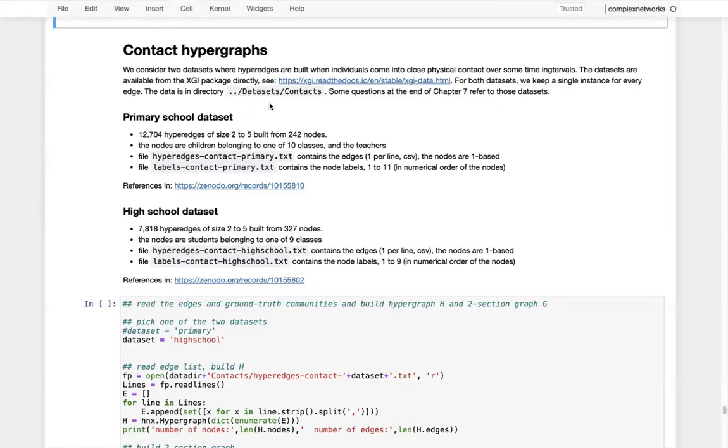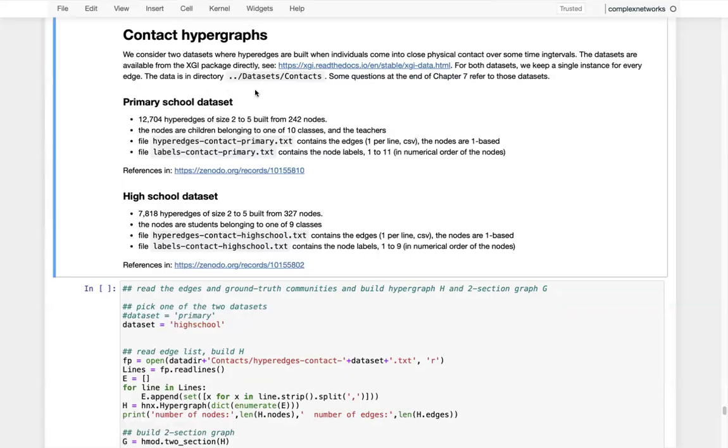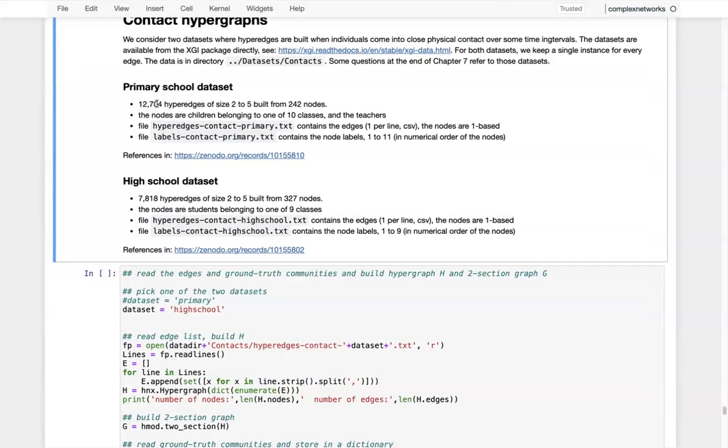So a contact hypergraph is built when you have individuals, usually people, and when two or more people are in close physical proximity for a certain amount of time, then you build a hyperedge. And one of those data sets involves a primary school. So you have teachers and children, and there's about 12,700 edges of size 2 to 5, and there's 242 individuals.